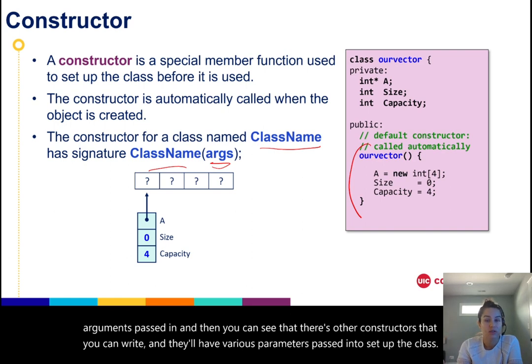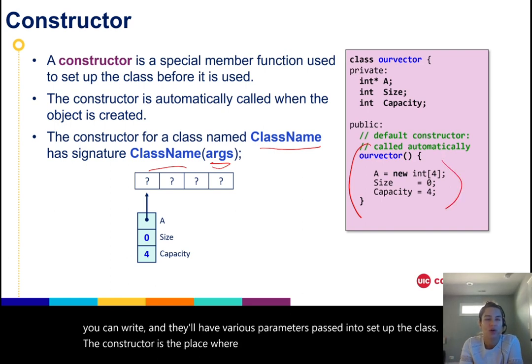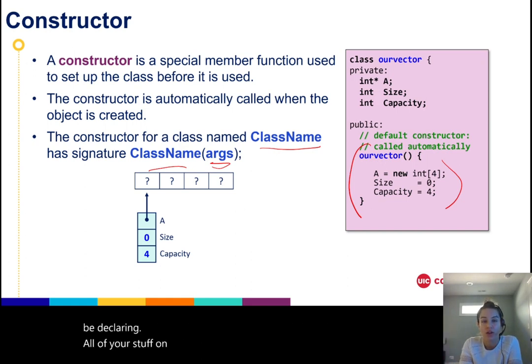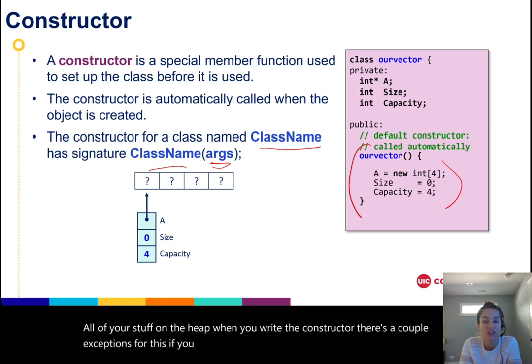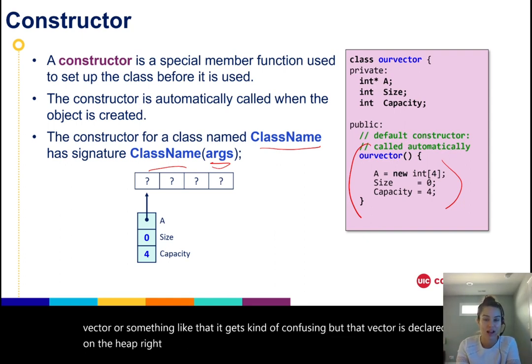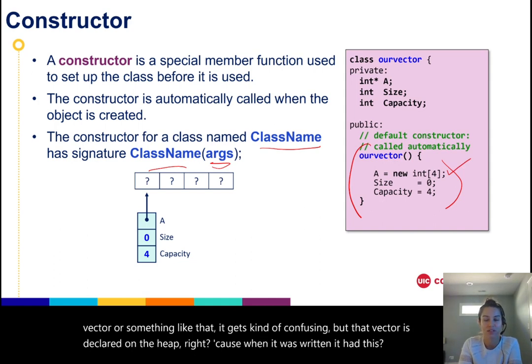The constructor is the place where you allocate memory. So you should always be declaring all of your stuff on the heap when you write the constructor. There are a couple of exceptions to this. If you are using another container in your implementation, like a vector, it gets kind of confusing, but that vector is declared on the heap, because when it was written, it had this written inside of the implementation.